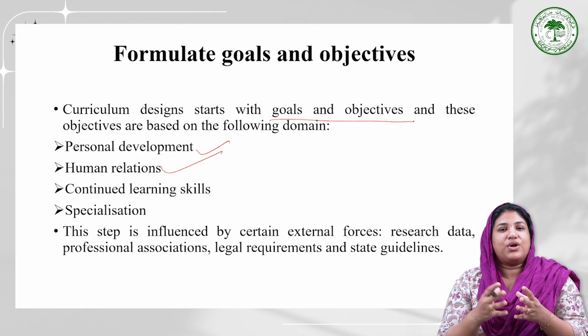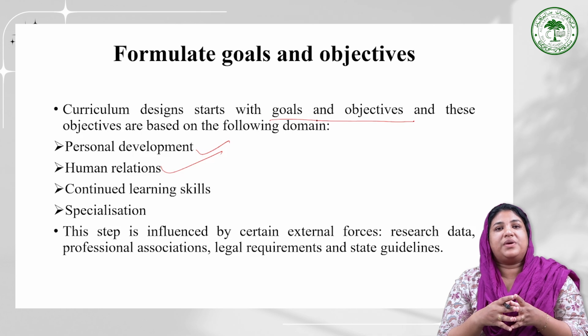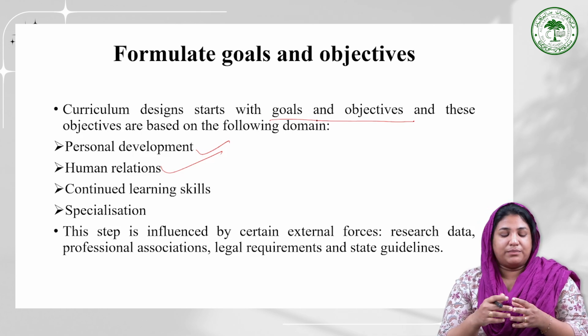So human relations should be given much importance with respect to values, with respect to morality, and with respect to all other factors related to humanitarian consideration, which is also given importance in the Saylor and Alexander model.